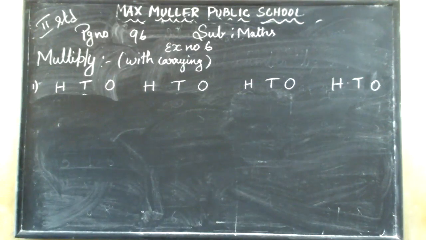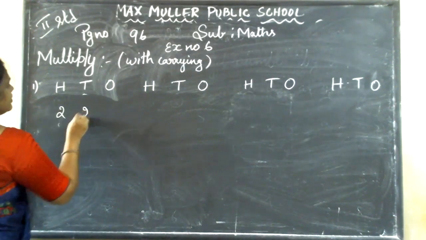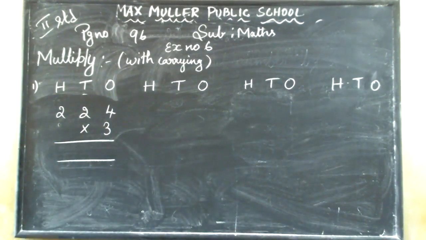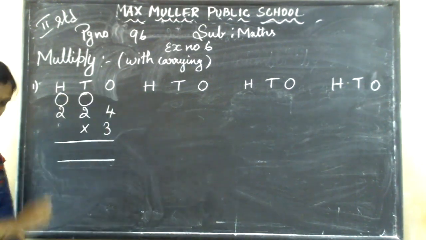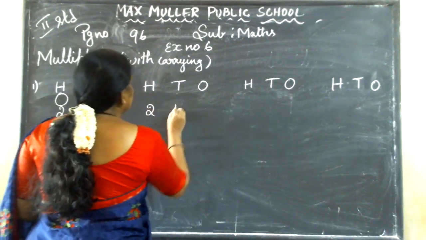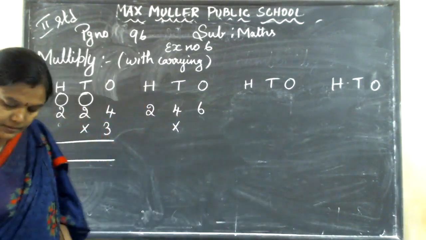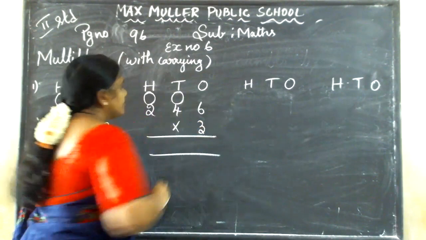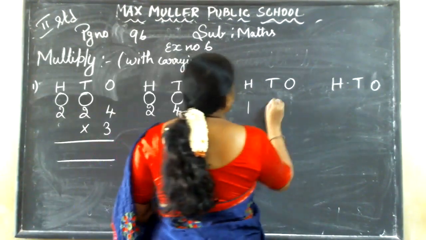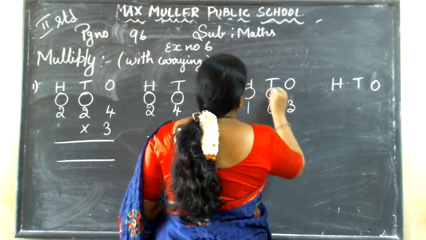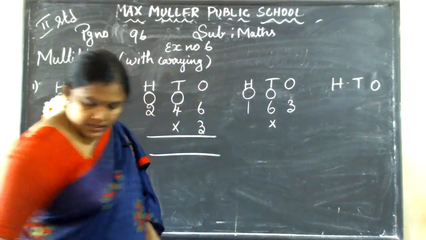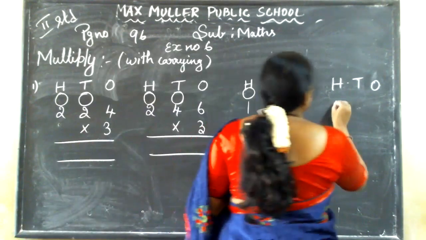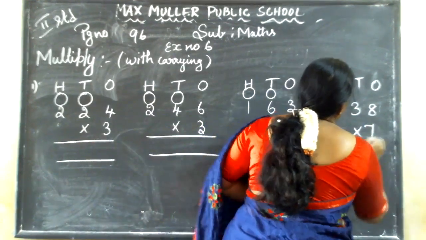Second line: 224 multiplied by 3. 246 multiplied by 3. 163 multiplied by 6. 138 multiplied by 7.